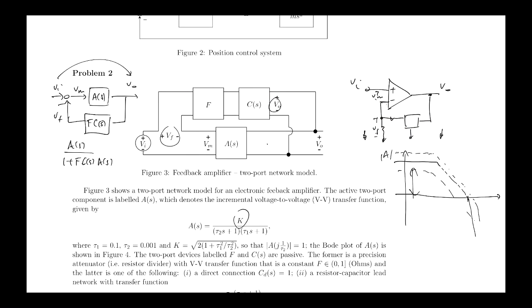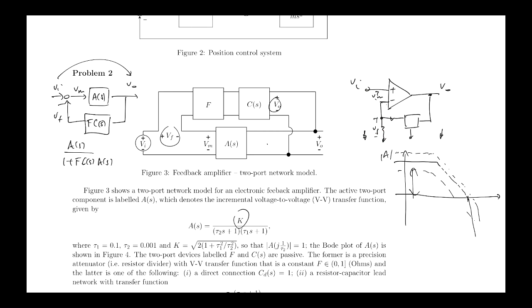So it determines a relationship between the output voltage, which we want to bear some desired relationship to the input voltage, which is applied to the positive terminal relative to ground. All right, and the feedback voltage here, right?